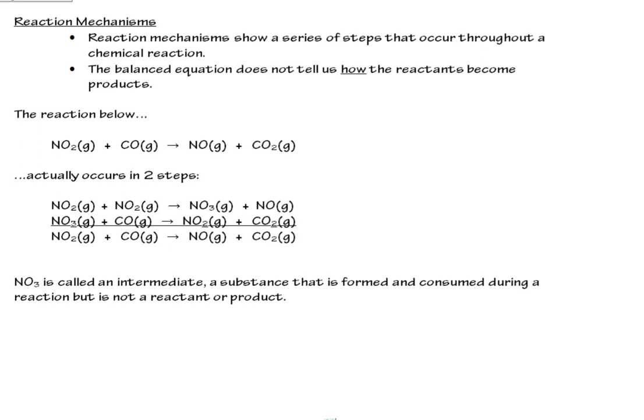What if, in the first step, two molecules of nitrogen dioxide react to form nitrogen trioxide and the nitrogen monoxide? Now, this is a good thing. I want this nitrogen monoxide on the product side. So maybe here's this elementary step that gives us one of the products.